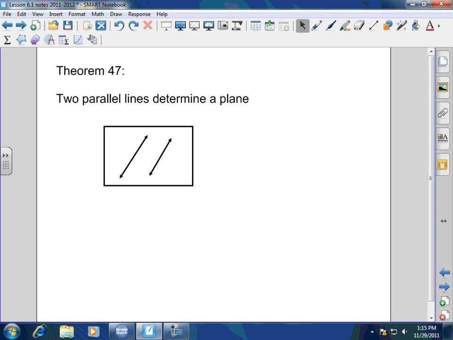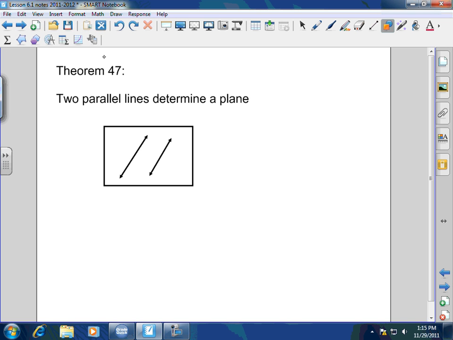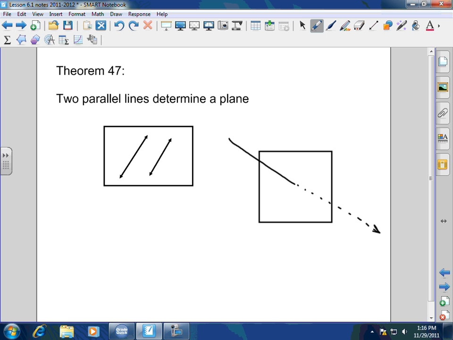When don't lines determine a plane? That's what we went through in the first part of the section. Correct, it's when it goes through. I have this plane here, and I have a line that is going through that plane.